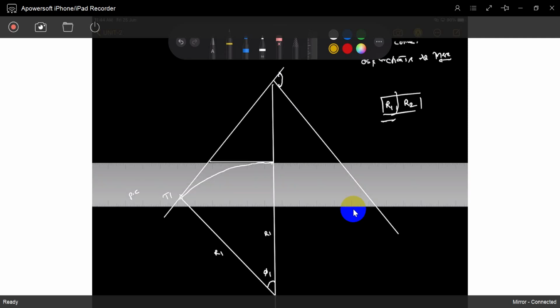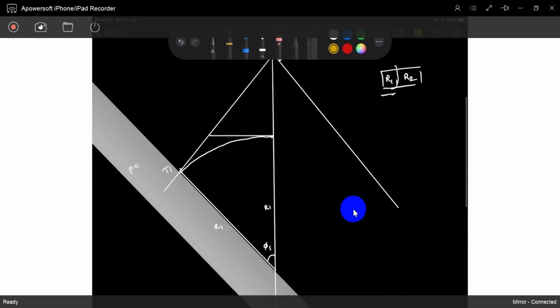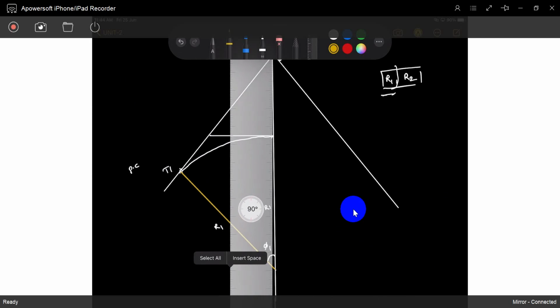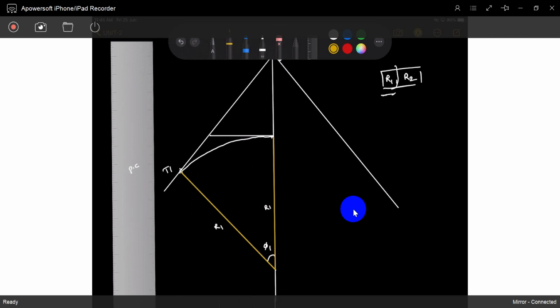This is a simple curve, which we already discussed. This is one line, this is R, and we draw a tangent.